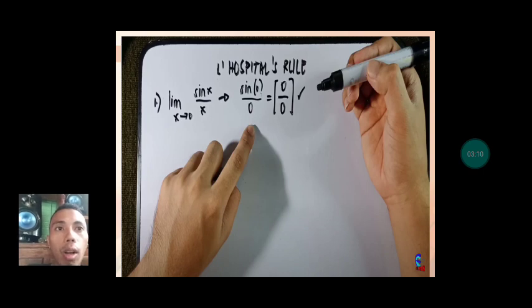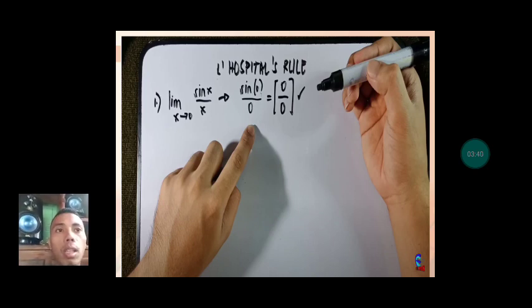of sine x over x as x approaches 0. We have to replace the value of x with 0. So, we have sine 0 over 0, which is in line with the forms that we have discussed earlier, which conforms with the rule being discussed, no? 0 over 0.